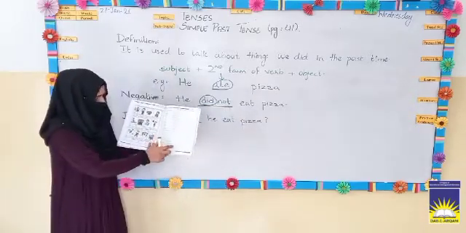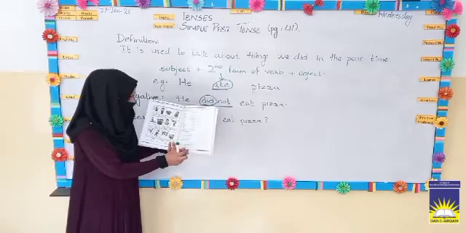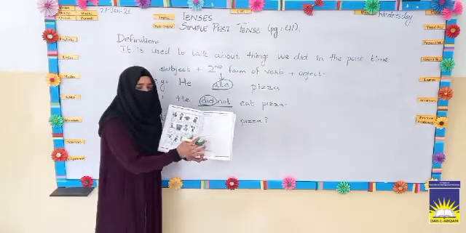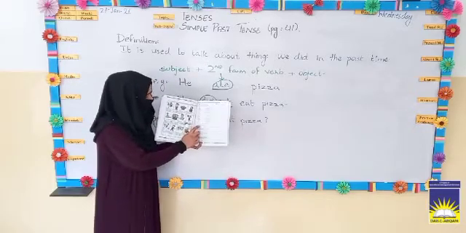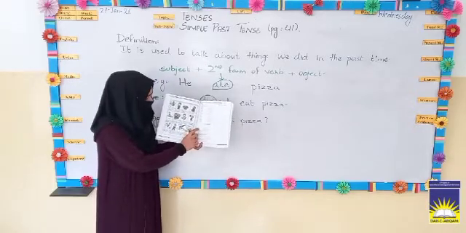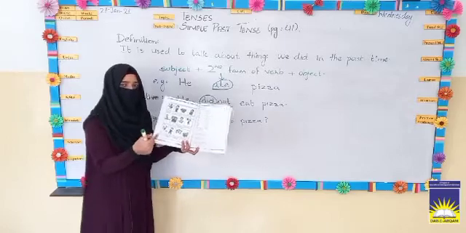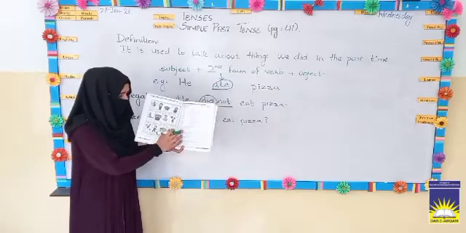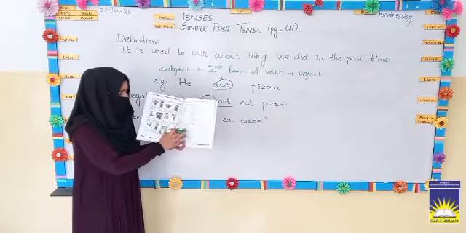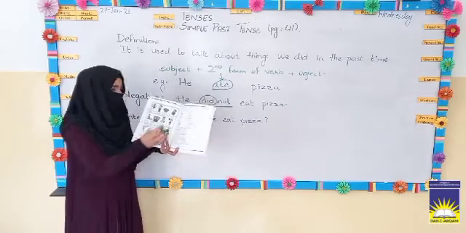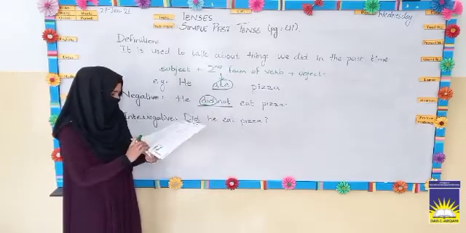Now here is a very simple exercise: some questions are given to you and you have to answer them very shortly. For example, did you close the door? Now the positive answer will be yes, I did. The negative answer is no, I did not. So this is how these exercises will be done.